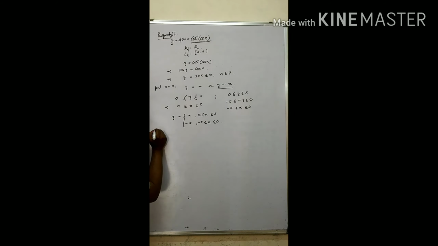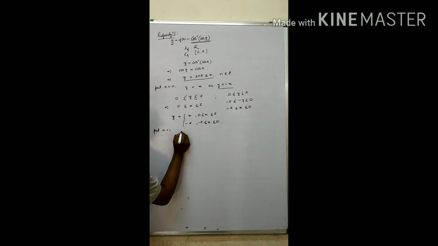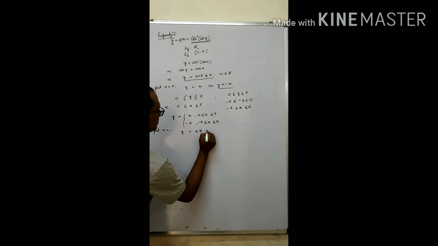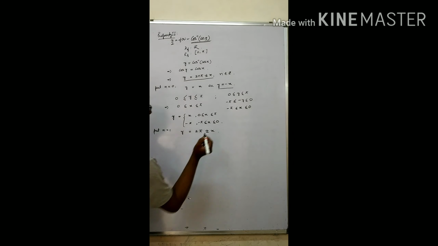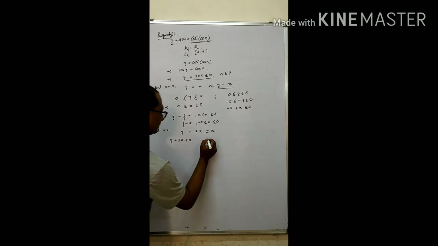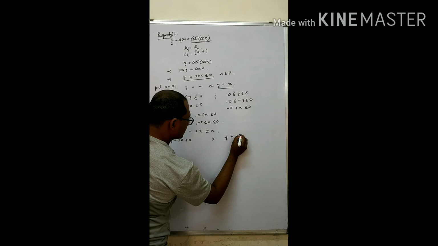Then let us put n equal to 1 here. So we get y equal to 2 pi plus or minus x. Again, it can be converted into two results: y equal to 2 pi plus x and y equal to 2 pi minus x.